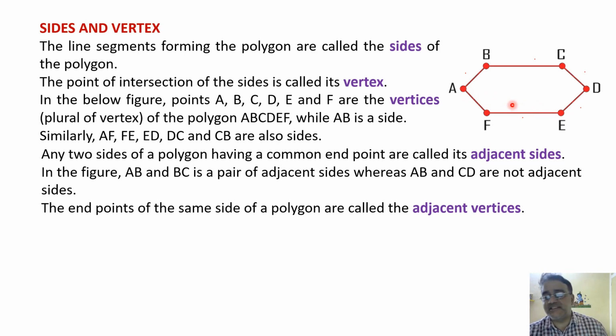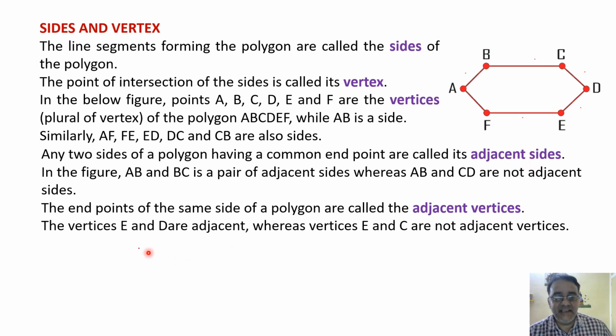इसको opposite vertices बोलते हैं. ठीक है, जिसमें कोई भी common नहीं रहता है उसको opposite vertices बोलते हैं. Right. Next, vertices E and D are adjacent, whereas E and C are not adjacent. The vertices which are not adjacent are opposite vertices. That we will see in the next section.